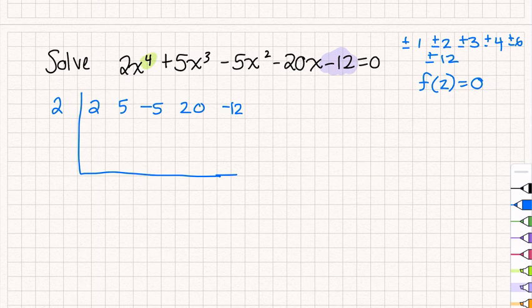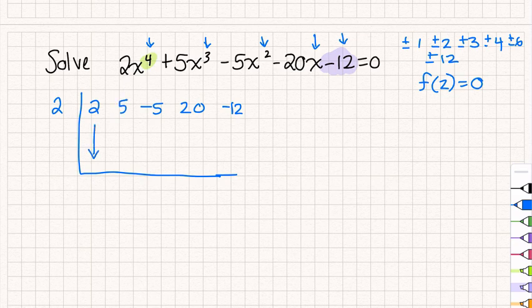Just a reminder, make sure that we have all the degrees, 4, 3, 2, 1, and our constant. If one of these was missing, we would still have to write it in our ladder, but we would write it as a 0. So for instance, if we did not have 5x cubed, we would replace this with a 0, okay?